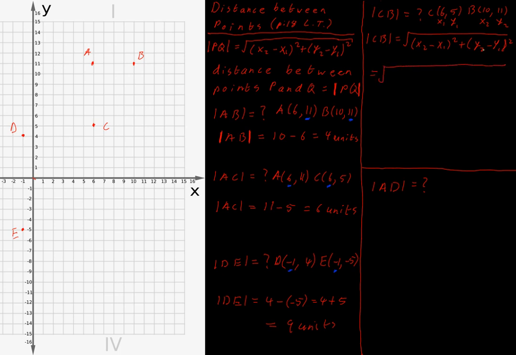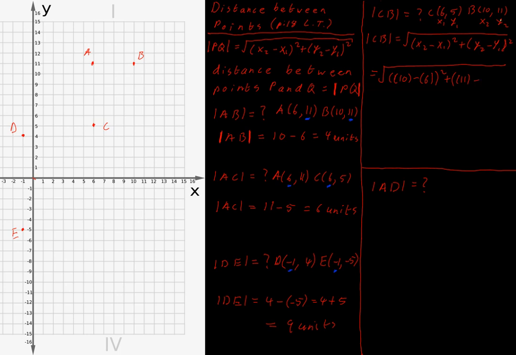So anywhere there is an x2 in my formula, I need to put 10 in brackets. Whenever we sub in, we always put in brackets. Minus x1 is 6. Plus y2 is 11.